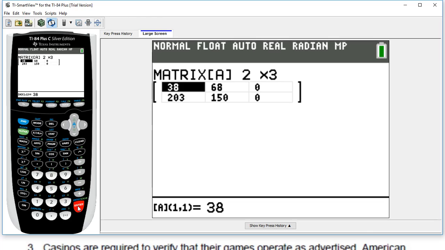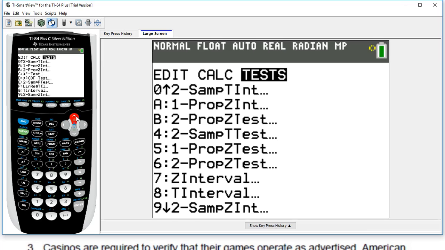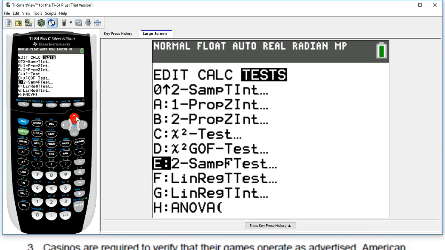So I just type in 169, 256, 114, 65, 65, and 18. And then, oops, that says 19. So make sure you check your work there. And then we just do stat tests, chi-squared test, and that's where we get everything from.